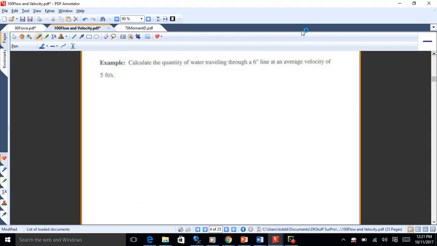All right, so how much water is coming through a 6-inch line at an average velocity of 5 feet per second? If we have a 6-inch line, why don't you find the area of a 6-inch line? Get it in square feet. So what's the area of a 6-inch line?